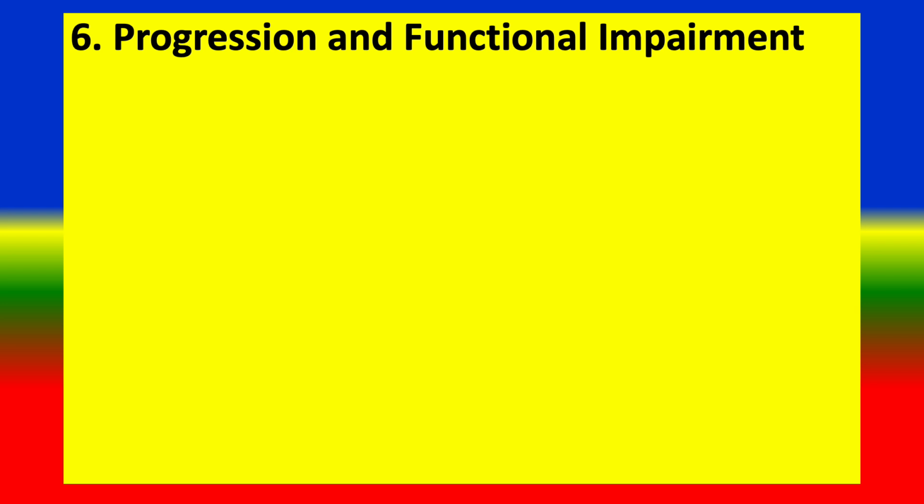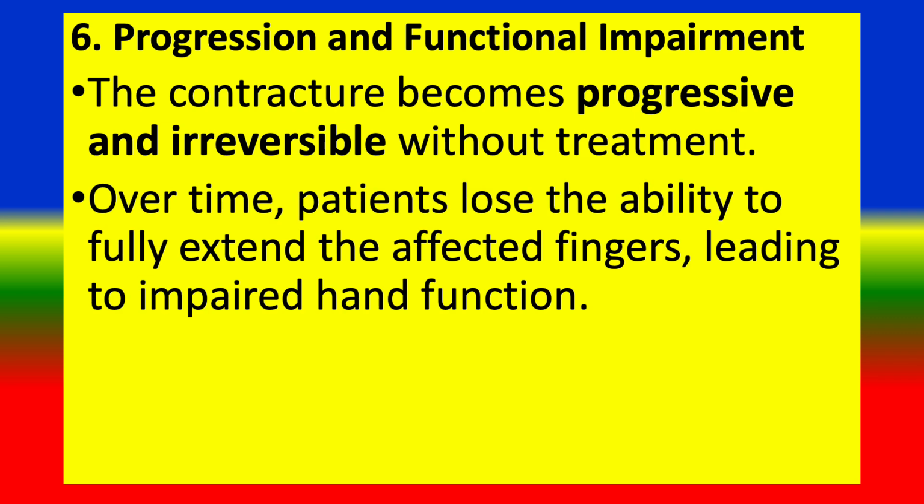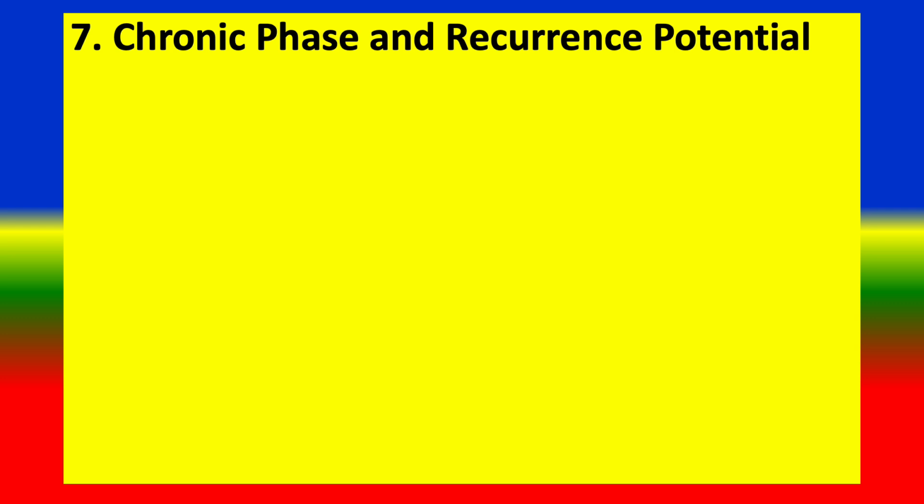6. Progression and functional impairment. The contracture becomes progressive and irreversible without treatment. Over time, patients lose the ability to fully extend the affected fingers, leading to impaired hand function. 7.